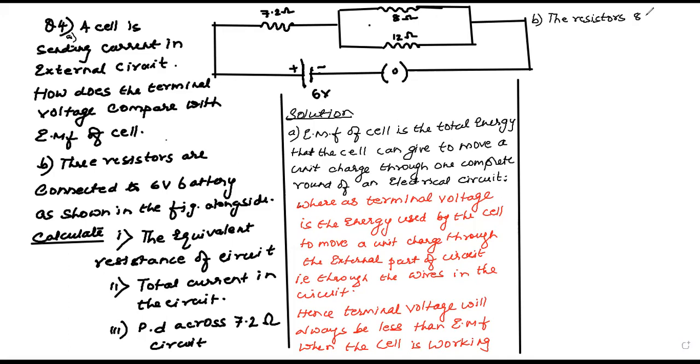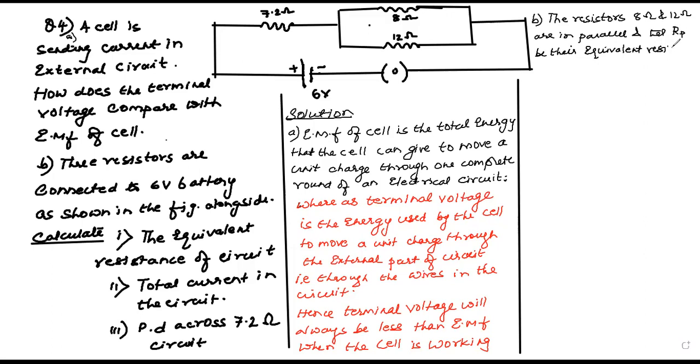So I'll just write the resistors 8 ohm and 12 ohm are in parallel, and let RP, resistance in parallel, P for parallel, let RP be their equivalent resistance.